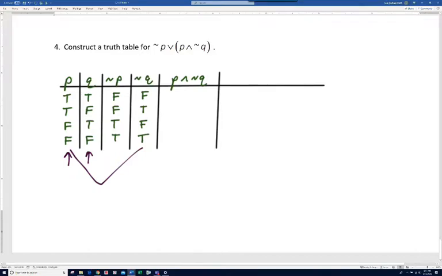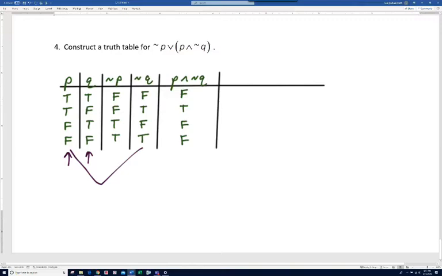They're only true when both statements are true, so that would be this case here. So that's where we're true. But in the other cases, we have true, false, false, false, and false, true. And so we don't have both statements true in any of those cases, so we're going to be false there.